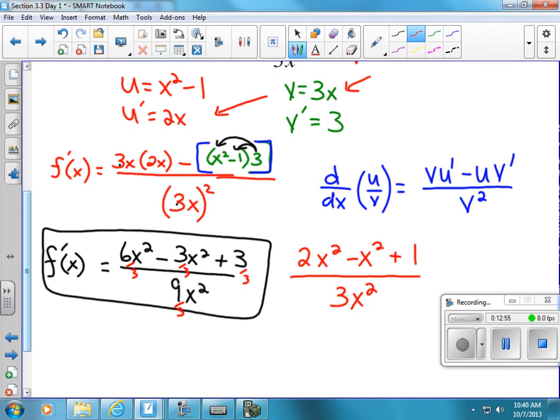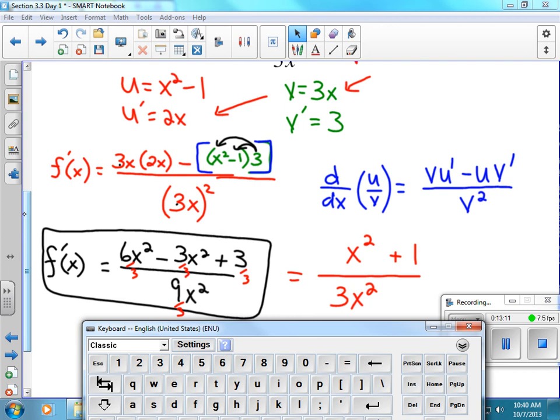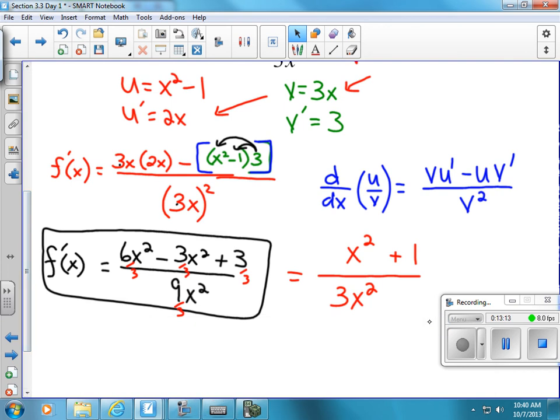Oh, I can actually combine these, can't I? 6x squared. I can. All right, so 2x squared minus 1x squared just gives you 1x squared. Aha. All right, so make sure you simplify it down to the lowest terms here.